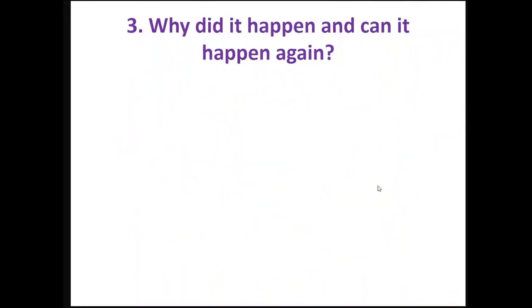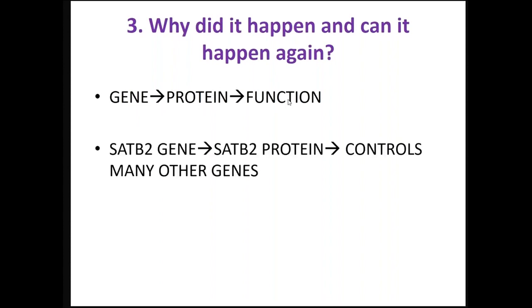All right, and then when we go through the genetics part of it, the SATB2 gene, or really any other gene, they all produce a protein, and the protein has a given function. That's true for any of the 20,000 genes in our body. The SATB2 gene is no exception.